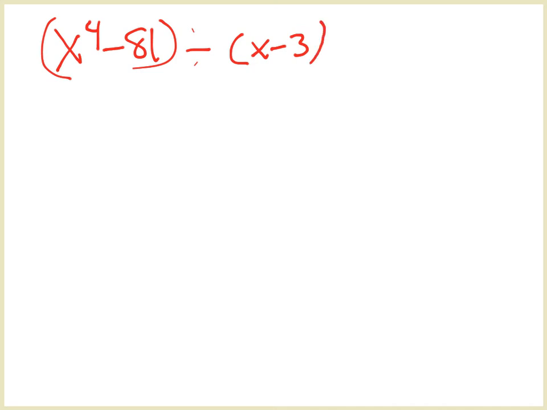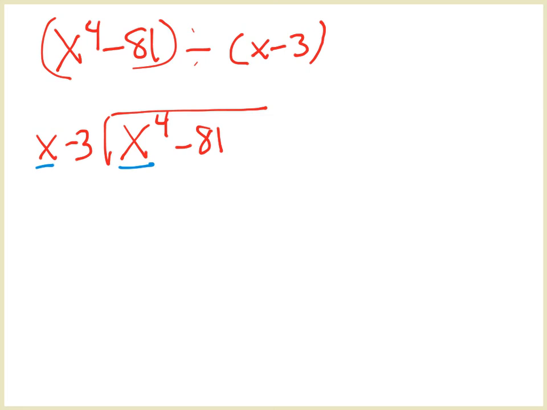So I take my first term and write x to the fourth minus 81, and I'm going to be dividing that by x minus 3. I'm going to switch colors so you can tell. All right, x goes into x to the fourth times what? I'm going to say x squared.